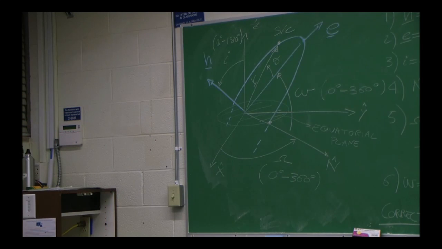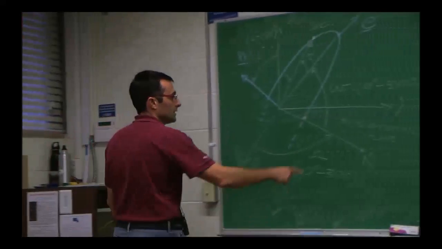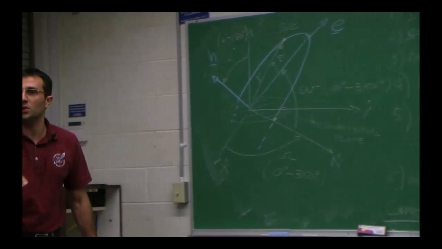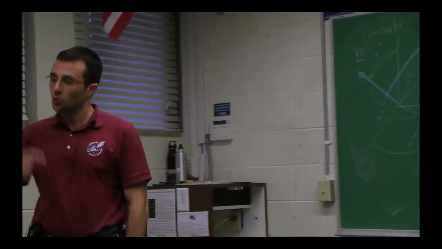Right? What's that issue? It's not a huge deal. We can still survive. We just have to correct a couple of things. But what goes away? This. If you are in the equatorial plane, there's no ascending node or descending node. You're always on that plane. You're not going north or south.